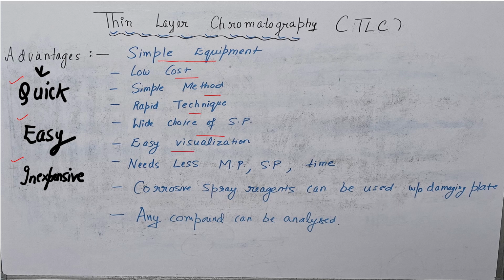The spots obtained on the TLC plate can be easily visualized by using various detecting or visualizing agents. And this technique needs less mobile phase, stationary phase, and time. Also, corrosive spray reagents like sulfuric acid can be used as they won't destroy or damage the plate. And by this technique, any compound can be analyzed.